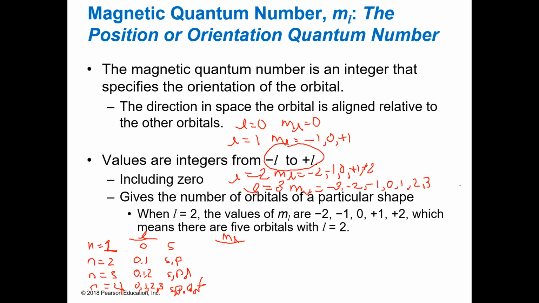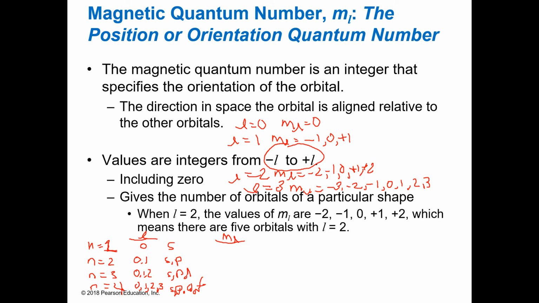So what does this mean? If I'm talking about shell number 1, it has one subshell, the S subshell. That S subshell only has one orbital. This number is really arbitrary; every integer represents a single orbital.